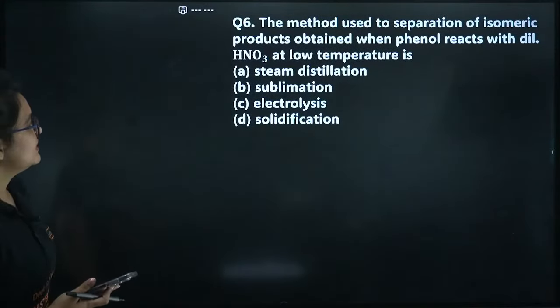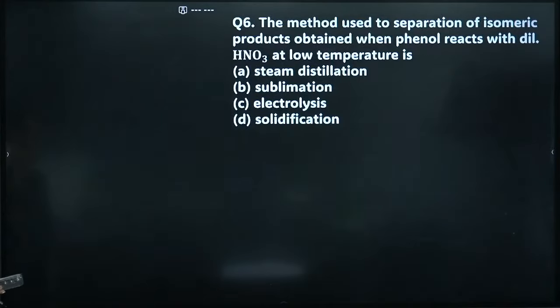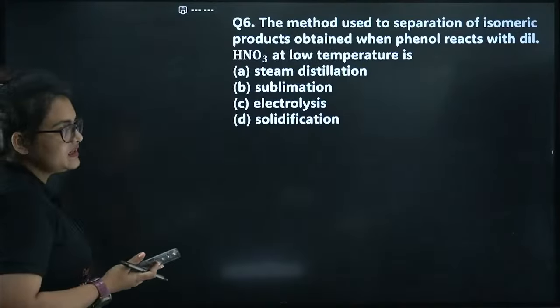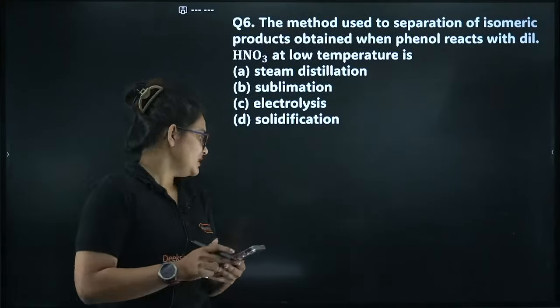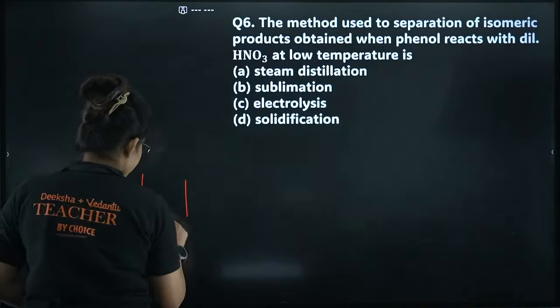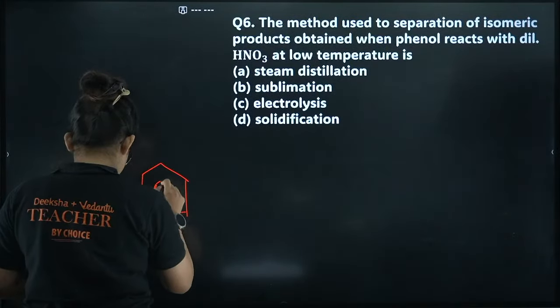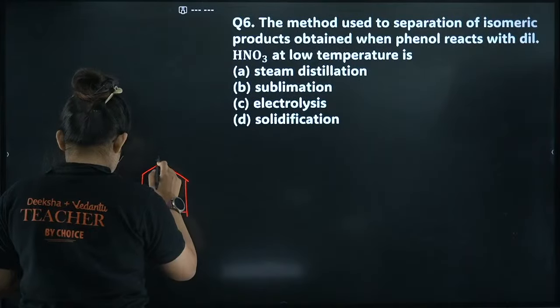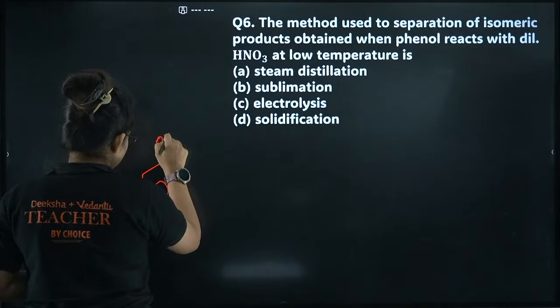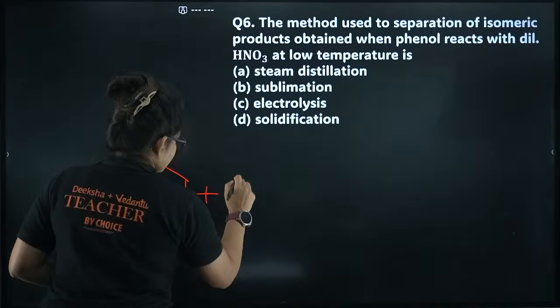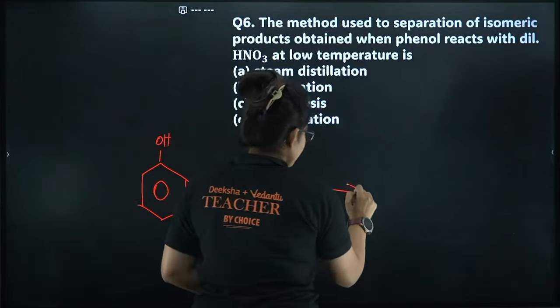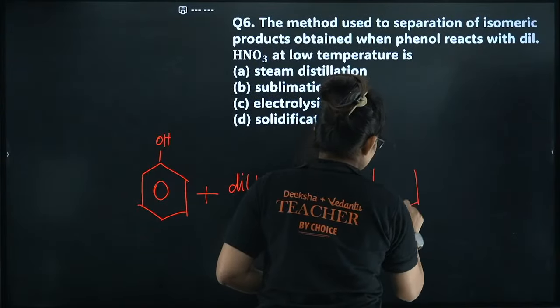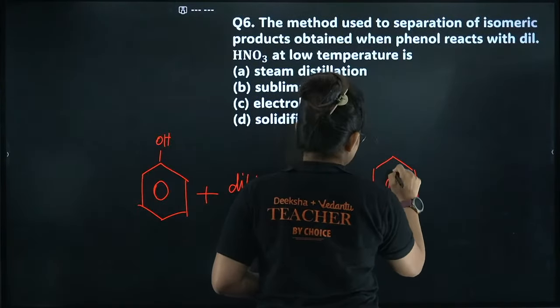Let's proceed. Next question, you can see the method used for separation of isomeric products obtained when phenol reacts with dilute HNO3 at low temperature. So basically whenever it comes to the reaction with the dilute HNO3, let me just show you with the reaction itself. It will give you ortho and para substitution, right?